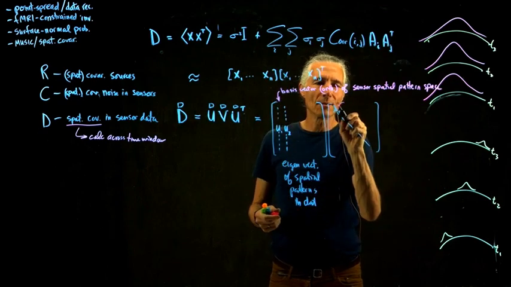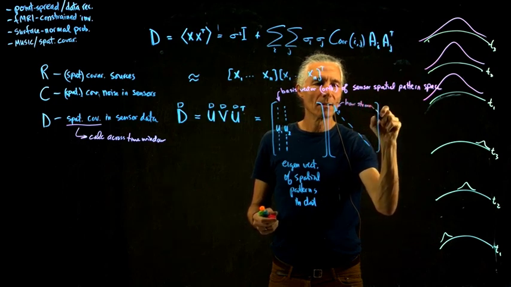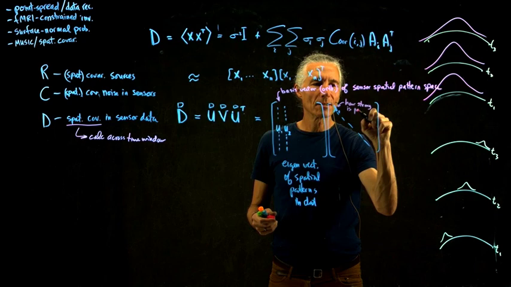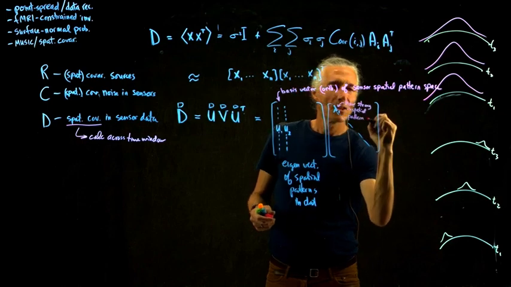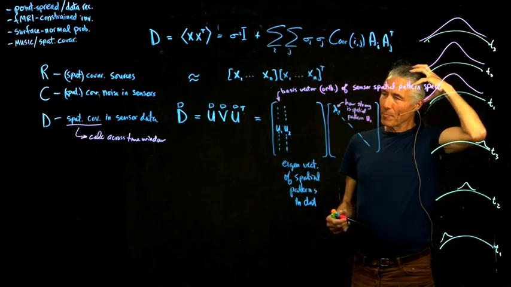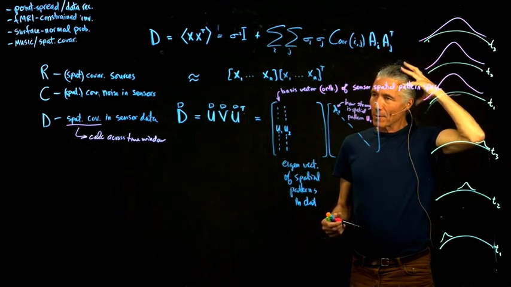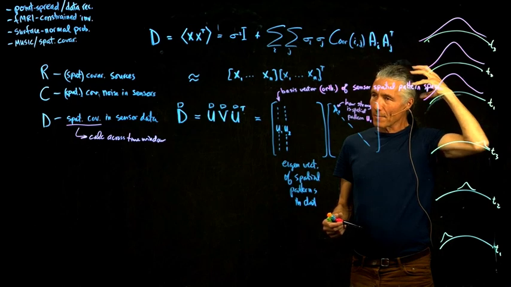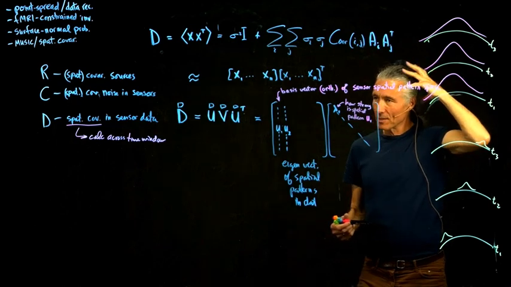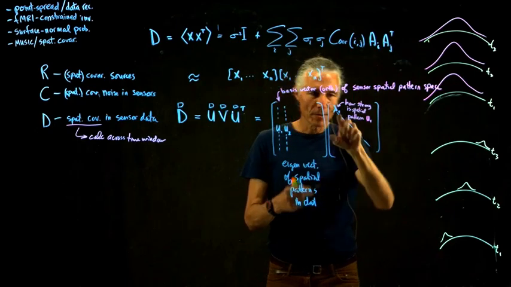This just means how strong is spatial pattern U1. If there was a lot of a particular spatial pattern, like there was a tendency of this part of the data to go up and down over time, that would be a large variance for this particular spatial pattern. That guy would have a large eigenvalue, and they're sorted.